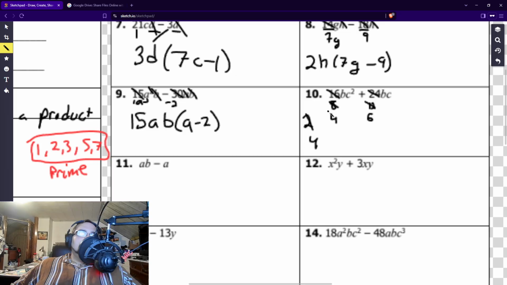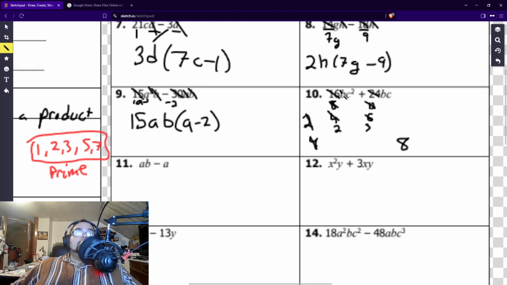I could do it again. 2 and 3. I could double this once more. Wow, this is an 8. Oh, you know what? Looking back, I could see it. 2 times 8 gives me 16, and 3 times 8 gives me 24. My greatest common factor is 8. So I went about a different method, but I got there eventually.